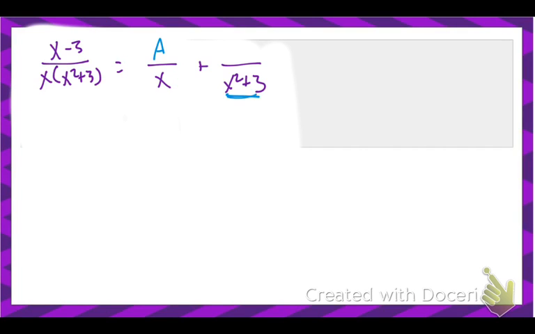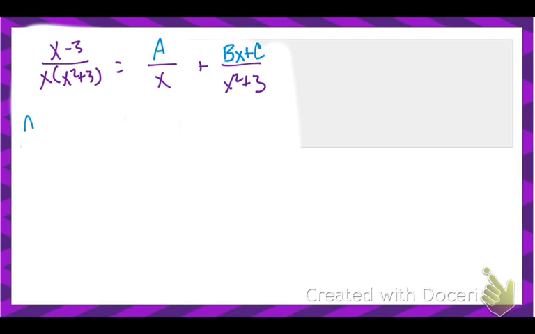Well, now that I have a squared factor in the bottom that can't break down any farther than that, that means the numerator could be linear. So instead of just B, I have to consider that this could be Bx plus C, because it could be a linear factor. Now it doesn't have to be, and if it isn't, then we'll get a B value of 0, but we need to consider it and give that as a possibility.